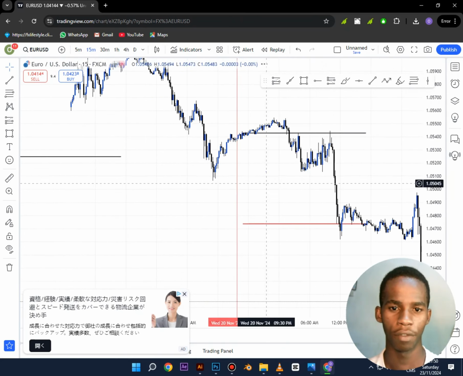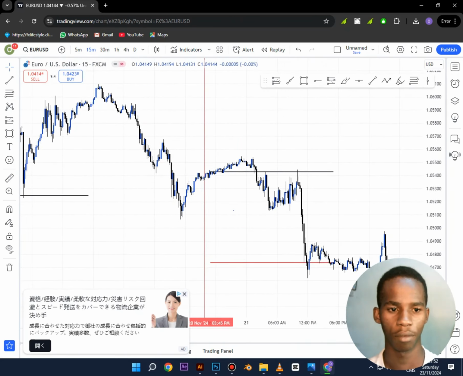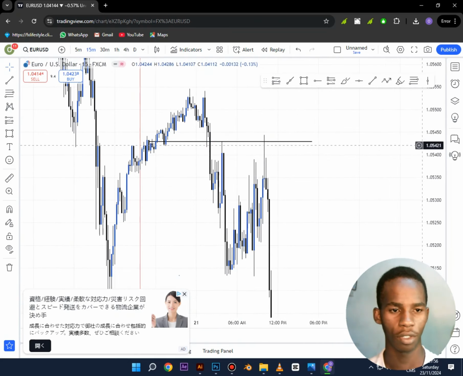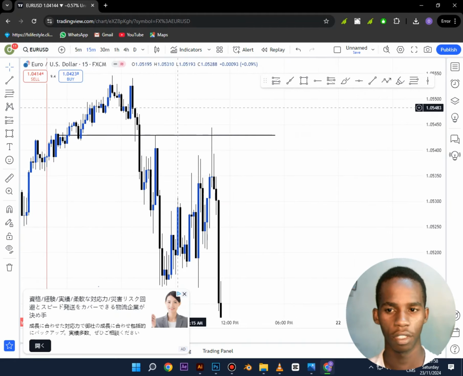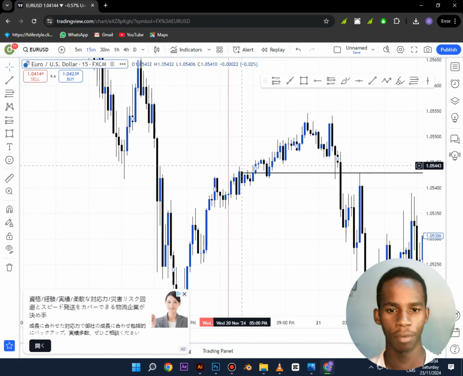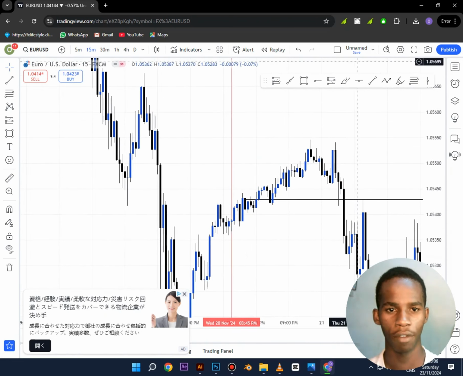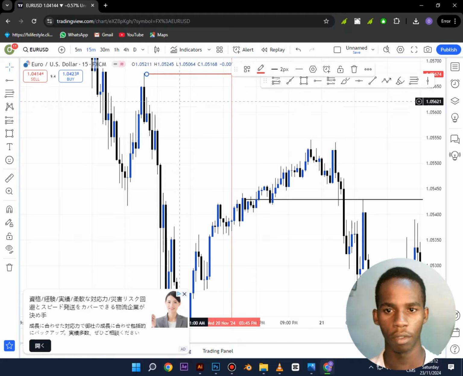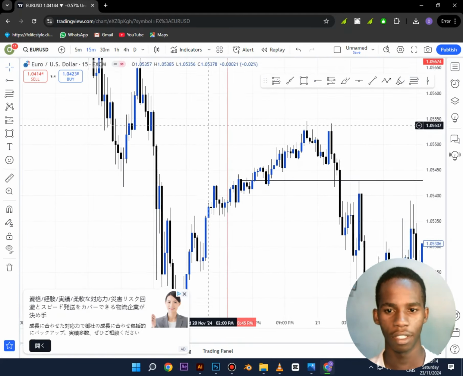When we drop to the 15 minutes, there is a lot that you will observe. This is our opening, where the candle opened from, and first of all we have this high.